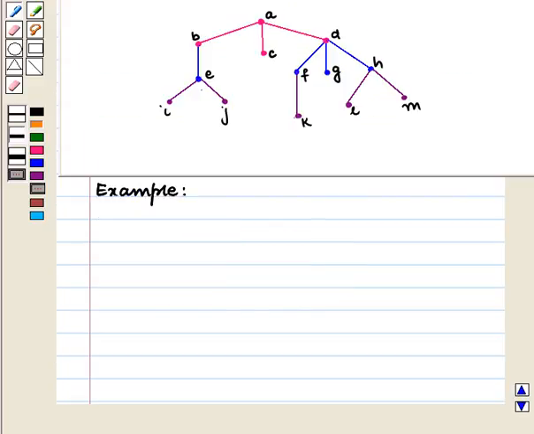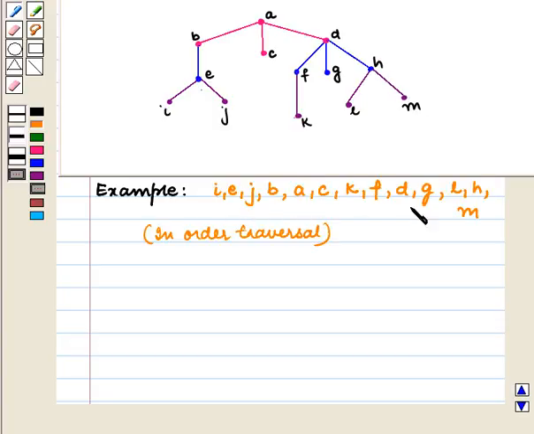Again, considering the same tree, we determine its in-order, visiting the first subtree and starting from I. We have I, E, J, B, A, C, K, F, D, G, L, H, M. So this is the in-order traversal of this tree.